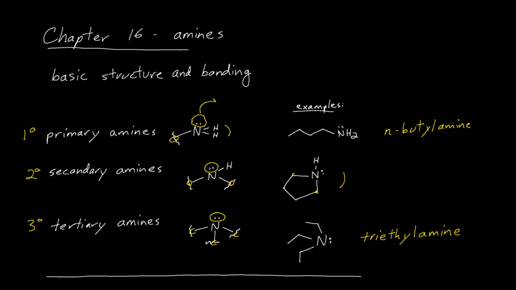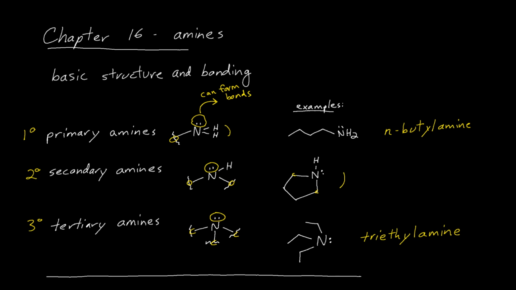That lone pair is basic. It's a Lewis base, electron pair donor. So it can form bonds. And when you think about amines as being classic bases, the old Bronsted-Lowry base theory, that's true even though it's forming a bond.